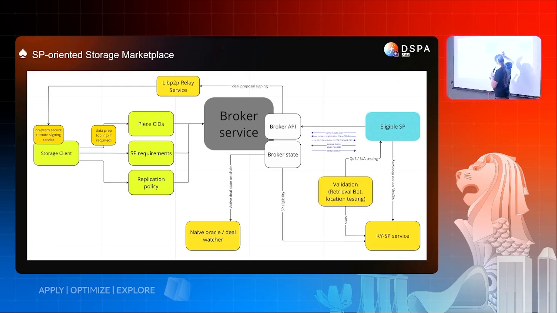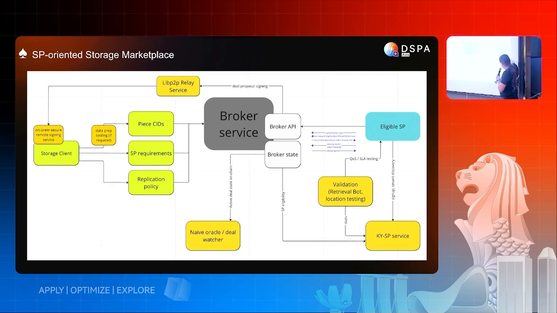Then we have the broker service that takes this data in, and then also takes in responses from Know Your SP service, which is something like an identifier service for storage providers. So we know that this storage provider ID is from this country, and this one is from this country, and so on and so forth.